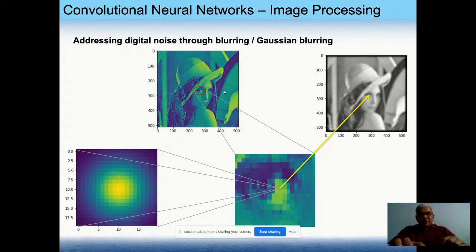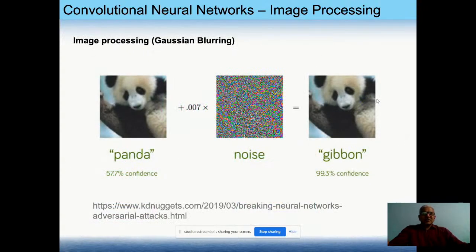Hopefully, by transforming this image to this image, we would have gotten rid of many of these unwanted pixel intensity changes and retained the true pixel intensity changes which define that object. So when you're working on digital images using CNN, it's very important that we do something about the noise.